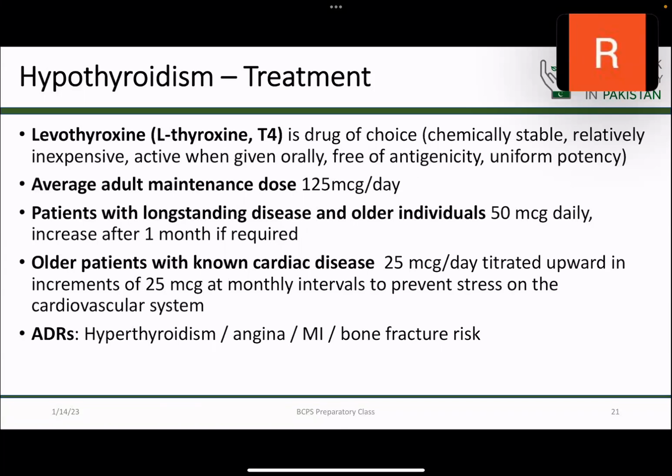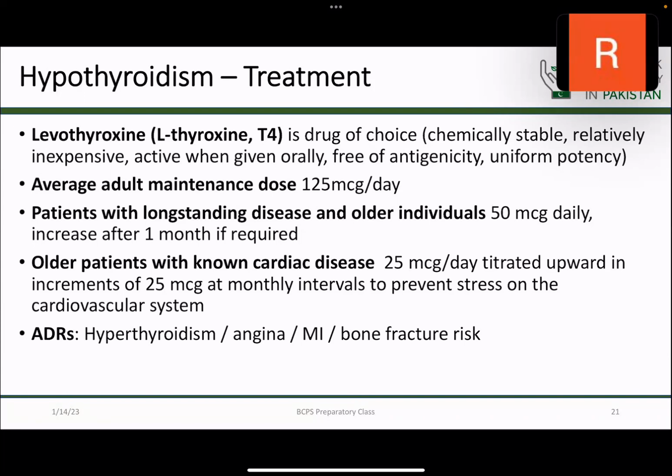They are old patients with cardiac disease, and we are treating hypothyroidism with levothyroxine, which is actually T4. This can increase the heart rate and the cardiac oxygen demand in the patient.